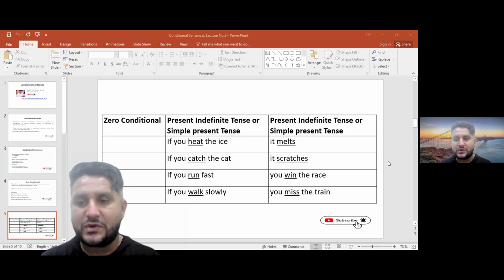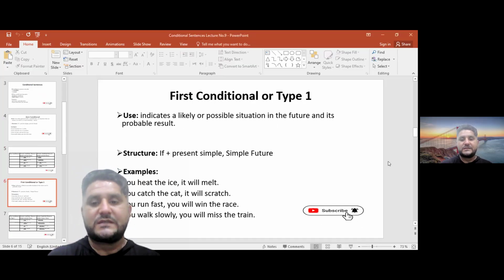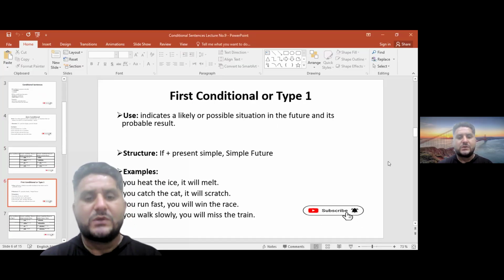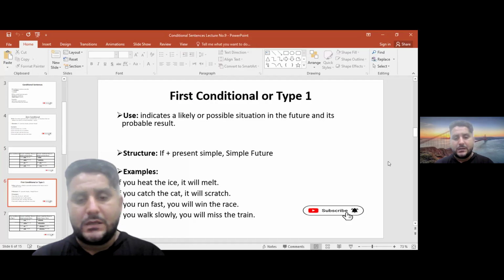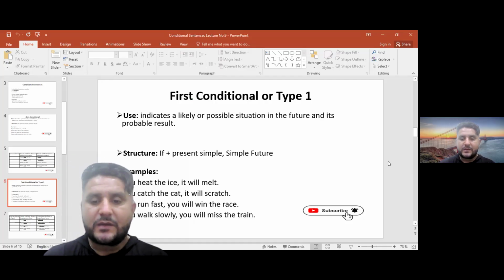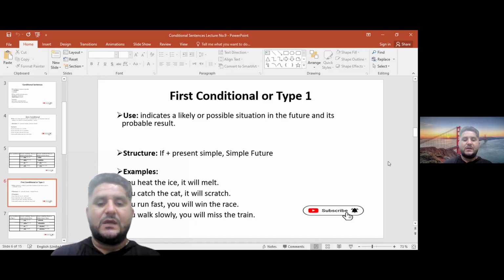Now we proceed towards first conditional, or type 1. It indicates a likely or possible situation in the future and its probable results. The structure is: the if clause is in the simple present or present indefinite tense, like type 0, but the main clause is here in the simple future or future indefinite tense.